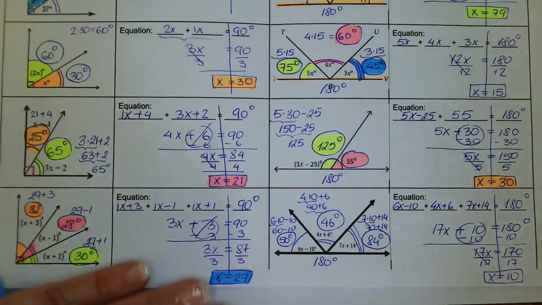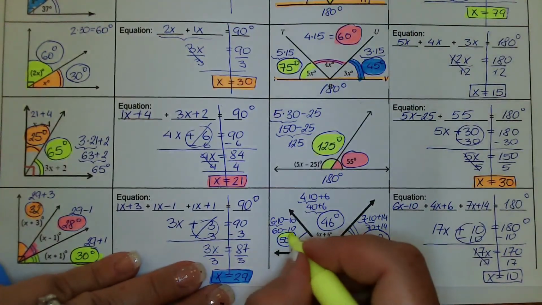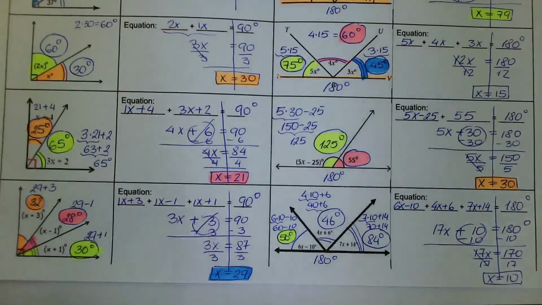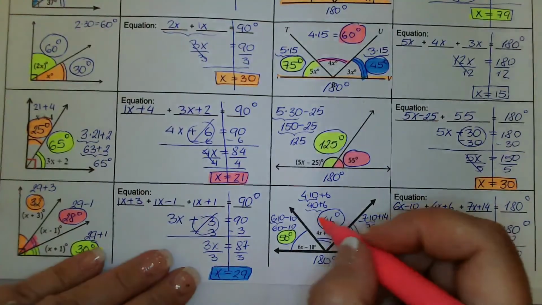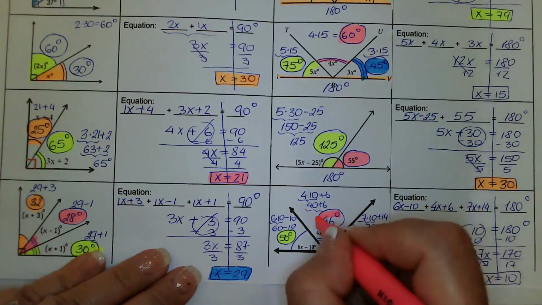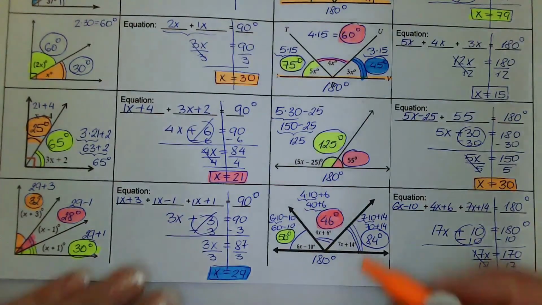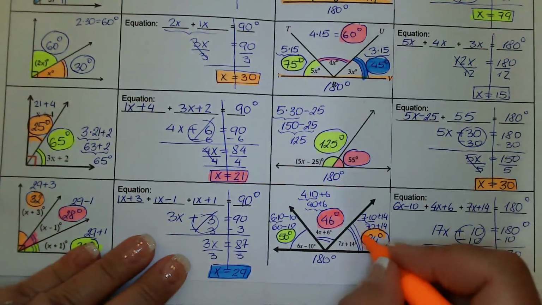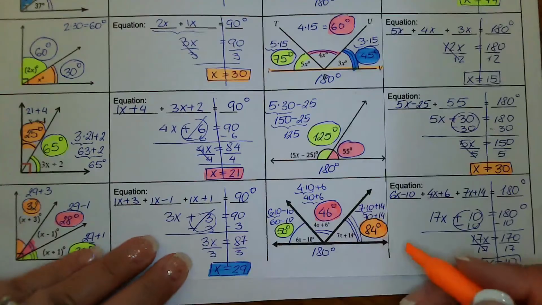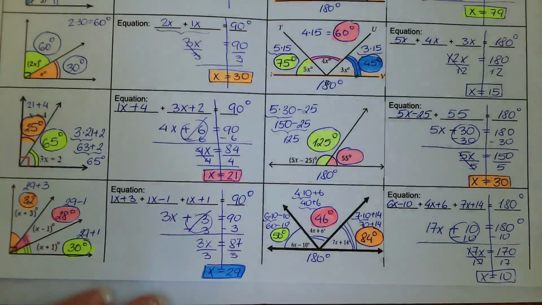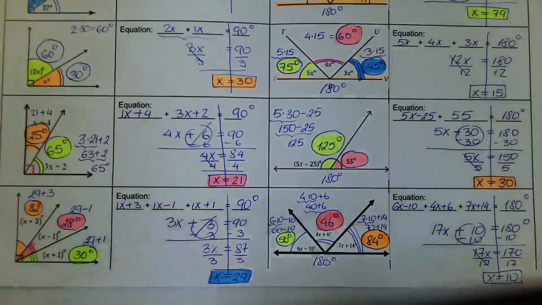So the three angles: 50, 46, and 84. If everything is solved correctly, they have to add up to 180 degrees.